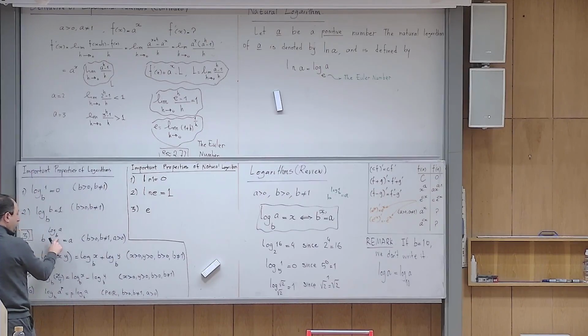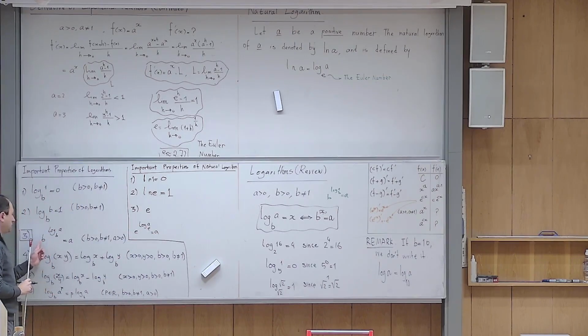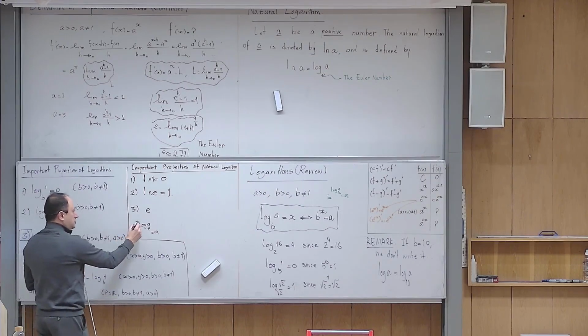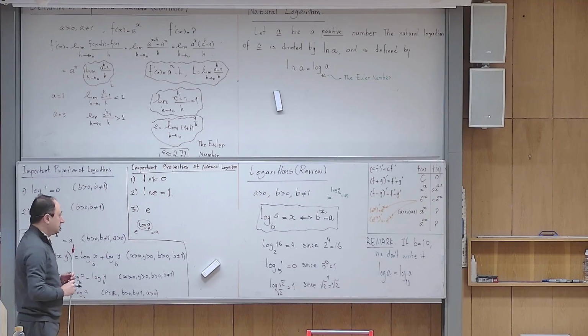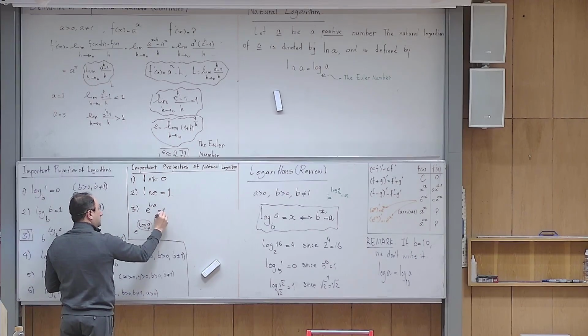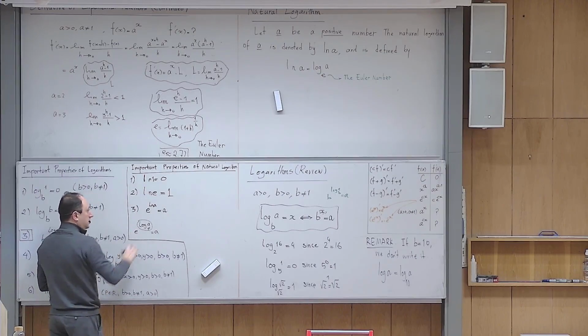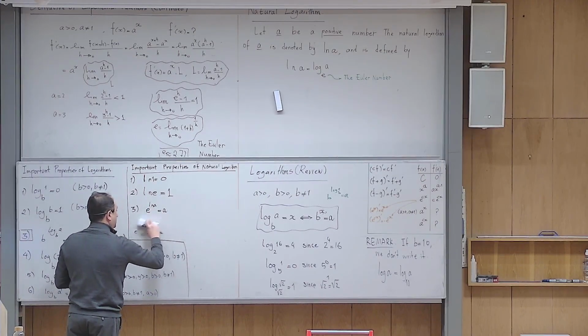Instead of b everywhere, I put e. Do you agree? But instead of this, I can simply write ln of a. So this becomes ln of a, and this becomes a. It's this very important formula: e to the power ln of a is a.